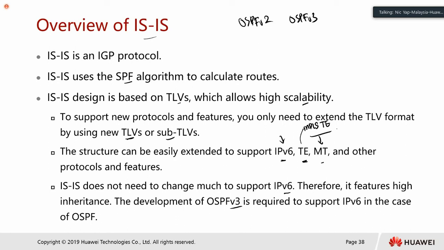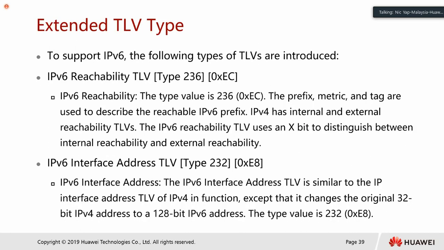Which extended values did they add in? They added in these two values. They added the IPv6 reachability type-length-value, type 236. This is the type they added, 236, to support IPv6 reachabilities.